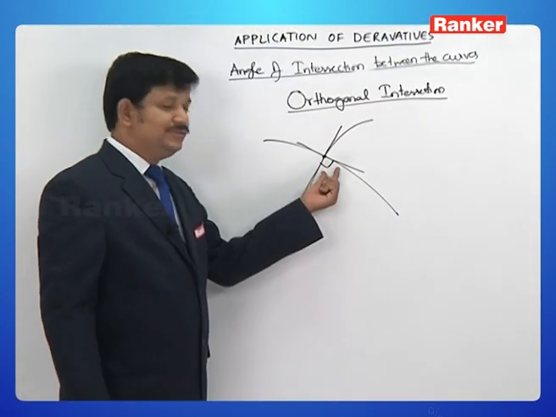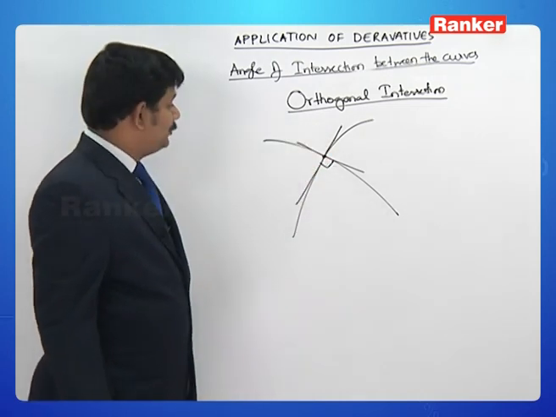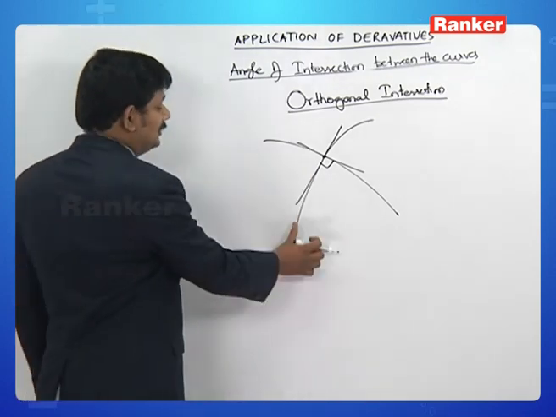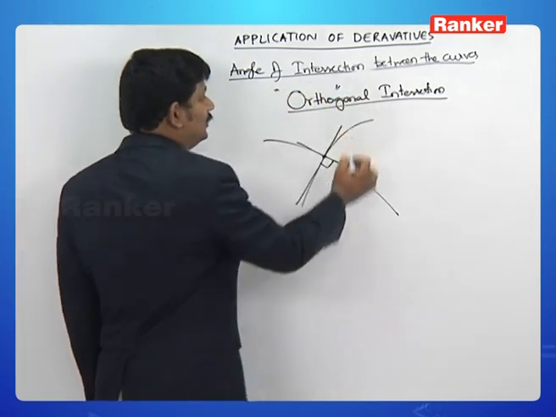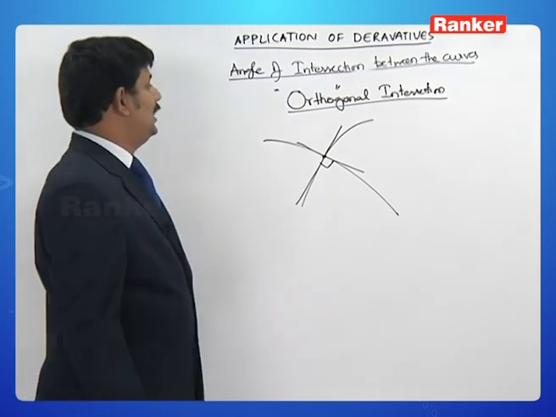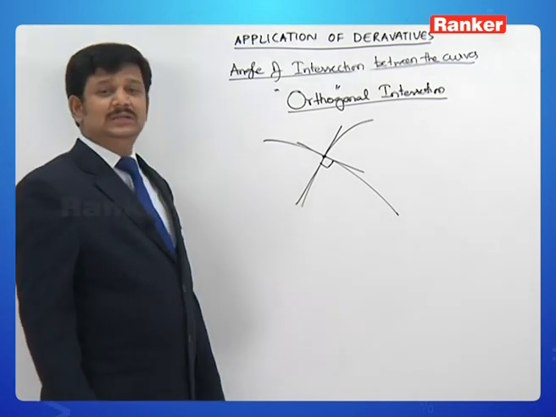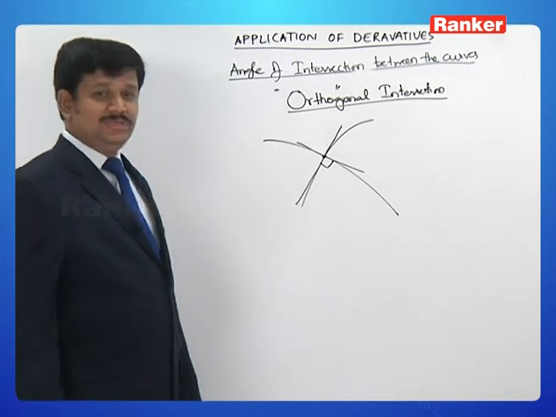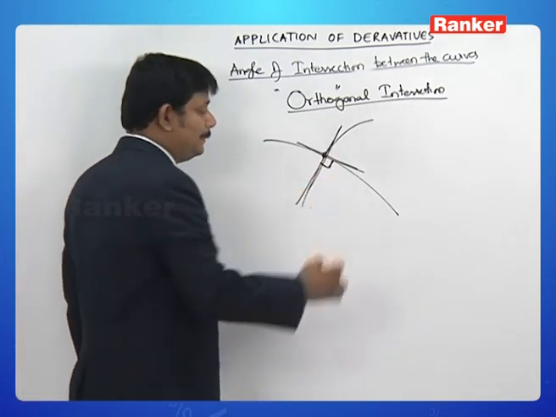If the angle between the curves is 90 degrees, or when the tangents at the point of intersection to both the curves are perpendicular to one another, we say the curves cut each other orthogonally. Wherever the word orthogonal comes into the picture, it has to do with perpendicularity or the angle 90 degrees. And here, in the concept of angle of intersection of curves, when we say curves cut each other orthogonally or intersect each other orthogonally, that means at the point of intersection the tangents are perpendicular to one another.